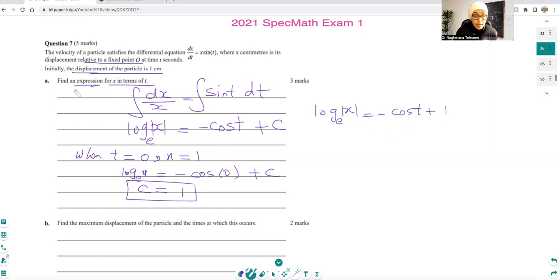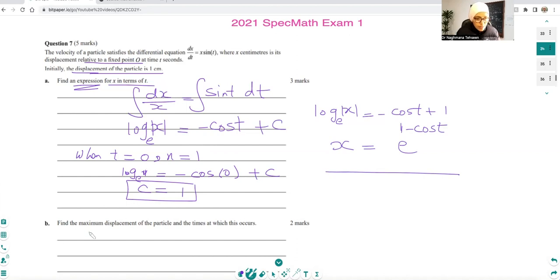We need to give an expression for x, so we just rewrite using the definition of the exponential. We get x is equal to e to the power 1 minus cos of t. So that will be the x we got, which satisfies the condition at 0, 1.